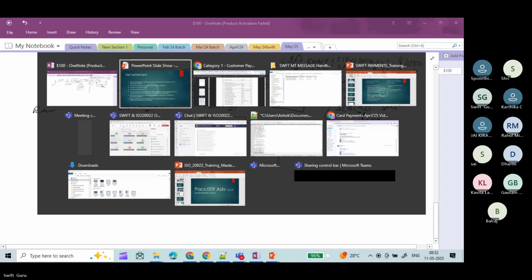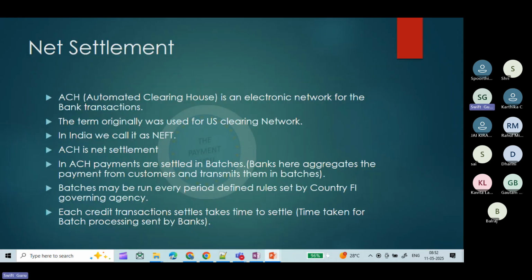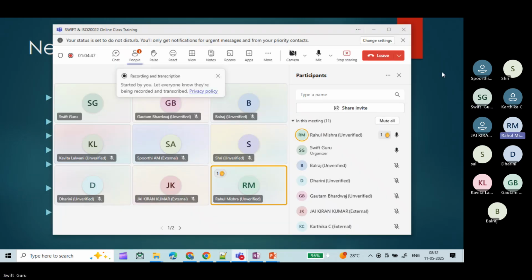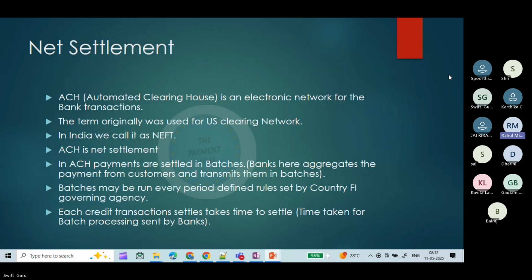Okay. Yeah, tell me, somebody was raising their hand. Yeah, hi Kumar. Kumar, your remitting bank, I mean debit bank, sending the MT-103 to the beneficiary bank.